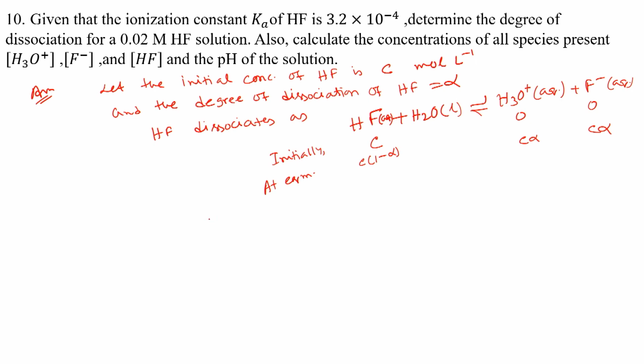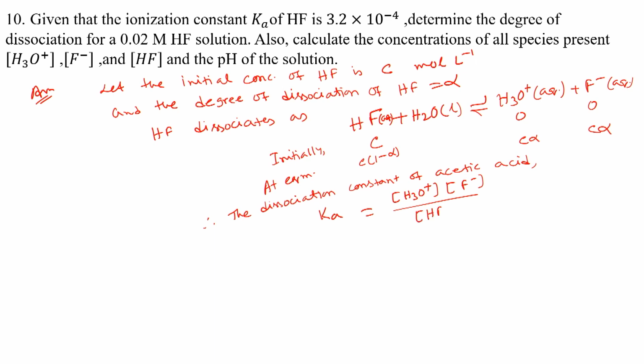So therefore the dissociation constant, Ka, is concentration of H3O plus times concentration of F minus by concentration of HF. So we write C alpha times C alpha by C times 1 minus alpha.